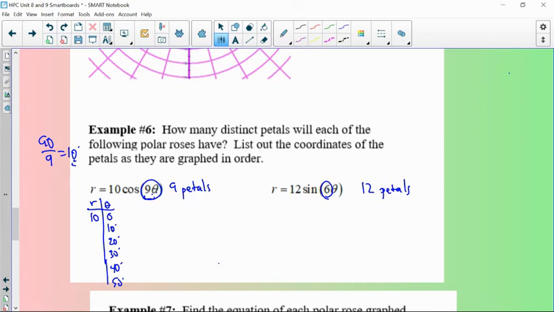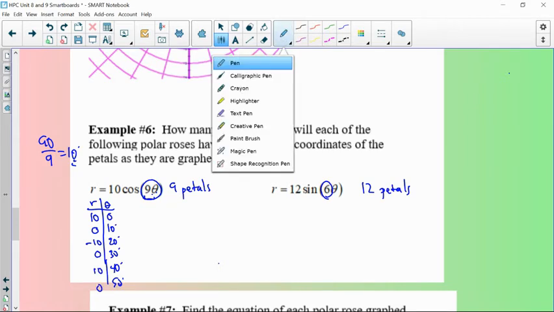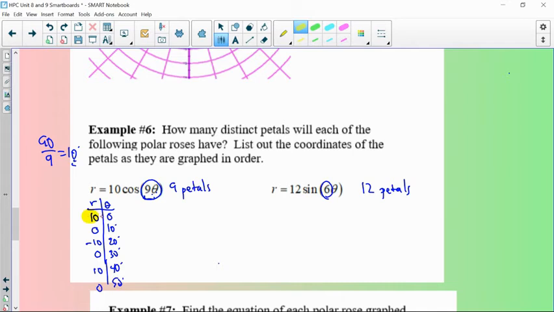After that, if we pick 10, we go back to the origin, because 10 times 9 is 90. Cosine of 90 is 0. At 20, we get to negative 10. At 30, we're back to 0. At 40, we're at positive 10. At 50, we're back to 0. And so I start to see a pattern that the petals come 20 degrees apart, because that's 2 steps of 10.